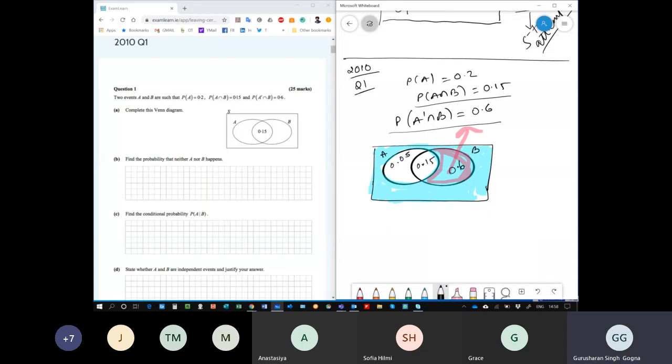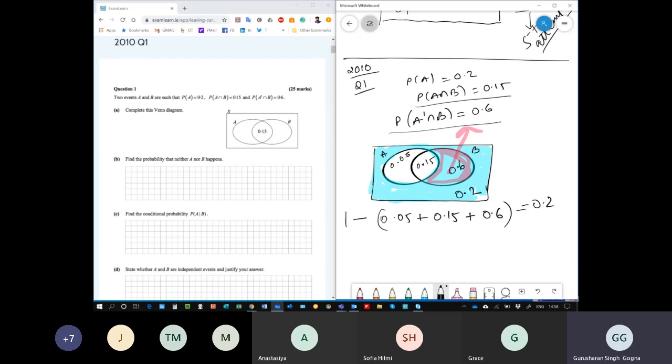Now I need to find out if something is outside as well. So 1 minus 0.05 plus 0.15 plus 0.6. 0.15 and 0.05 is 0.2, plus 0.6, so it will give you 0.2 outside.